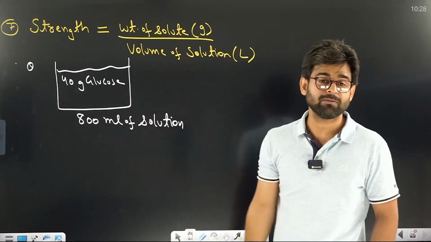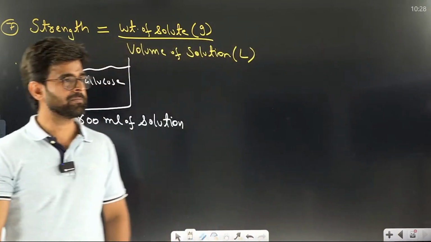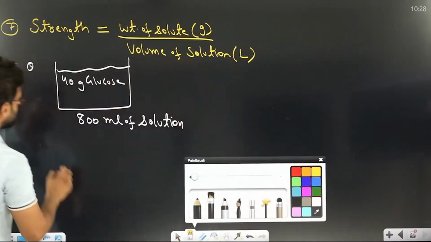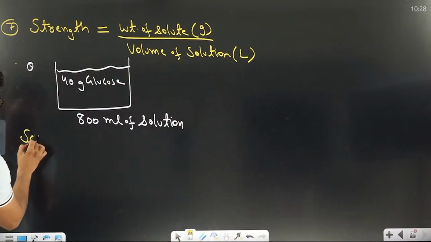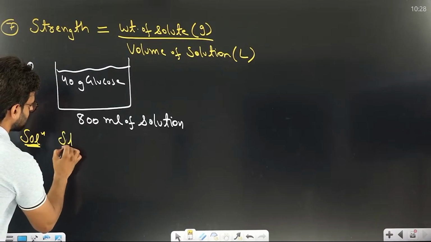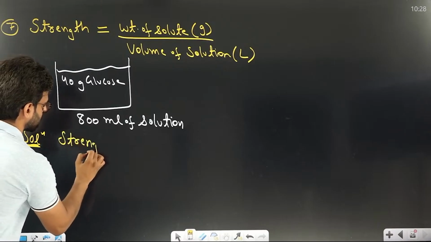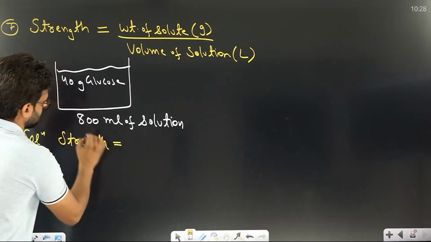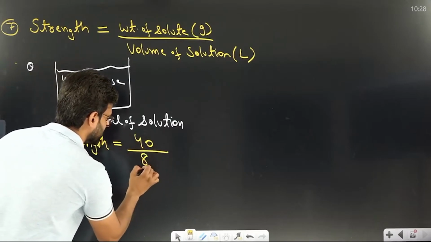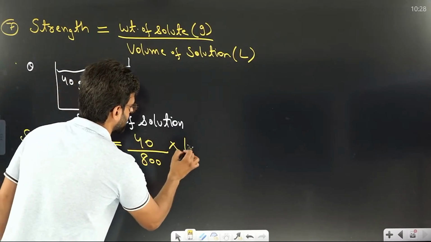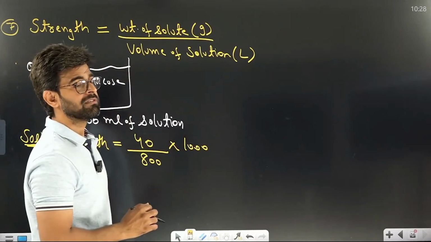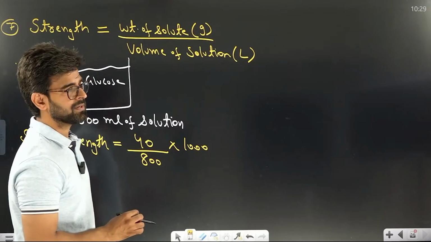So please answer this. Strength is weight of solute divided by volume of solution. You see, 40 gram solute divided by 800 ml. Make it liters. How much is coming?